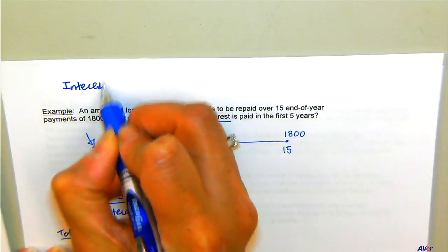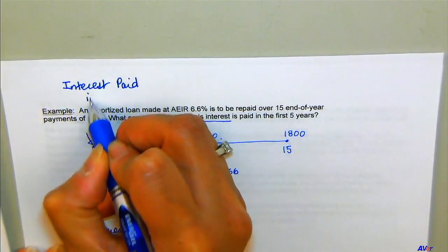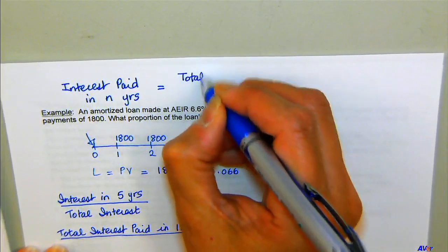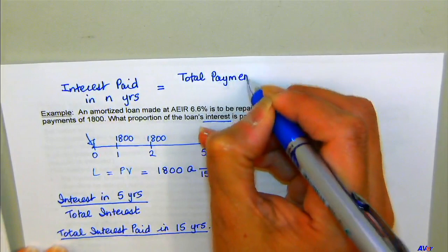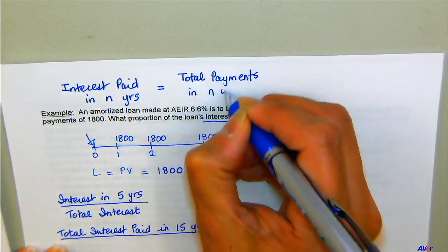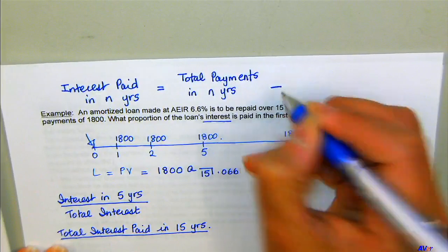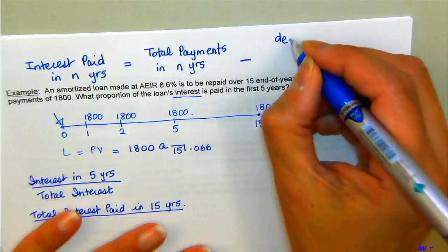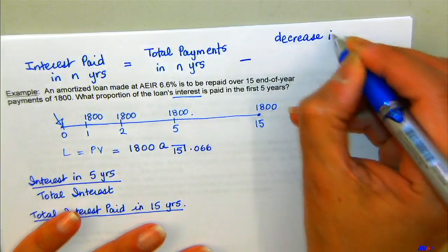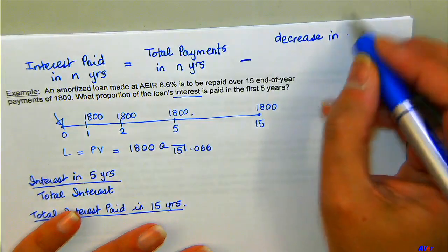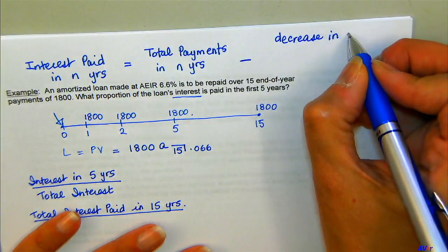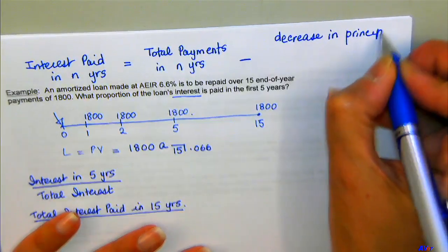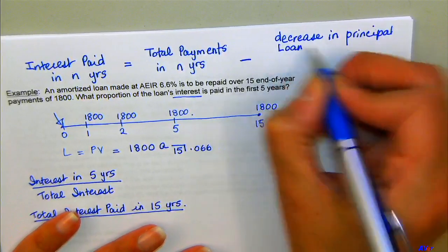Interest paid in n years is equal to the total payments in n years minus the decrease in outstanding loan balance, the decrease in principal loan balance.